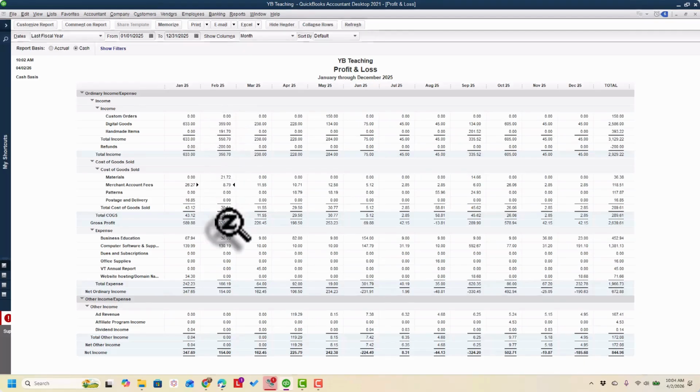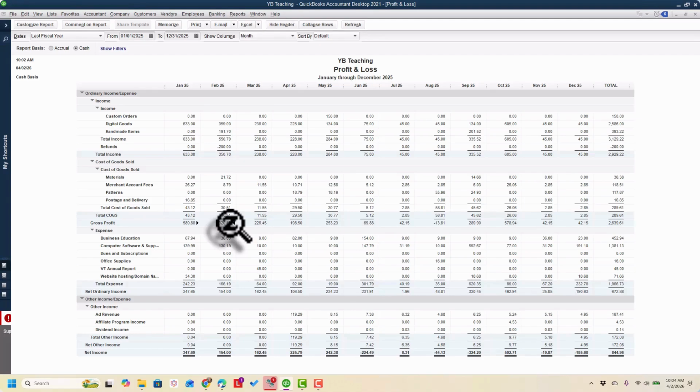All right. So in reality, my cost of goods was very low to make that $350 at the bottom line in income. Okay.